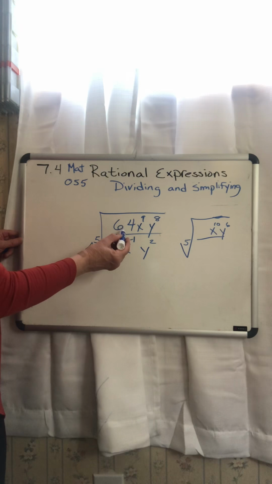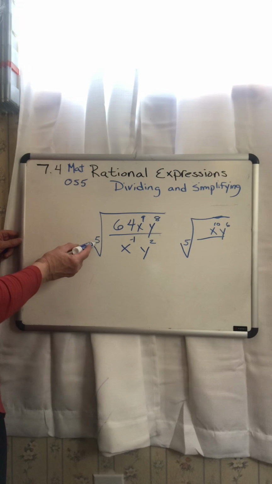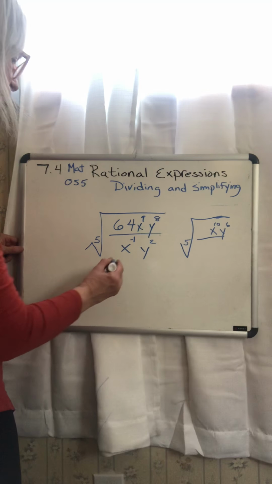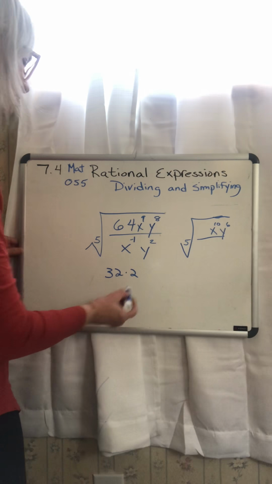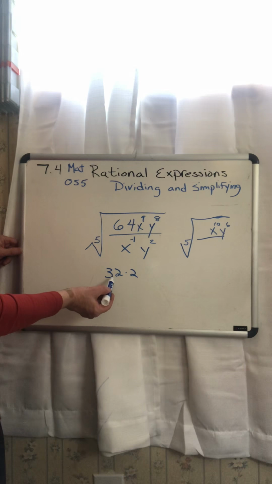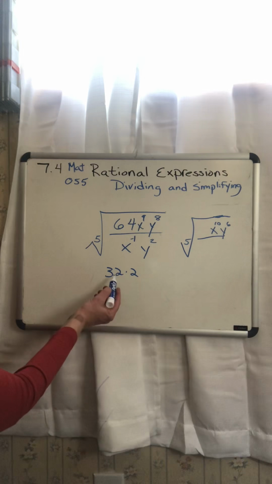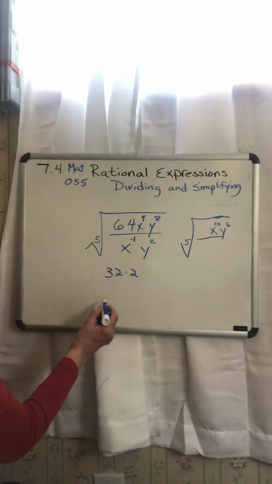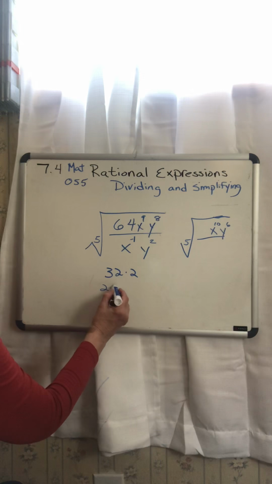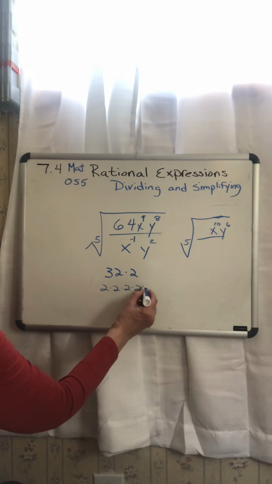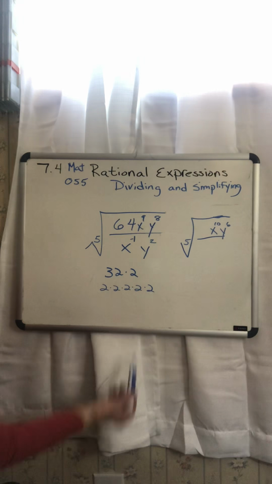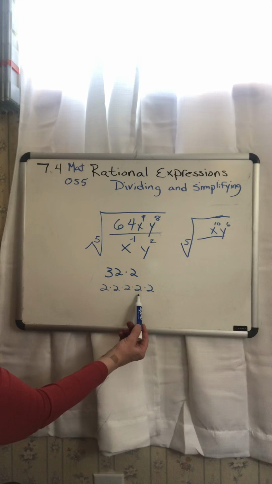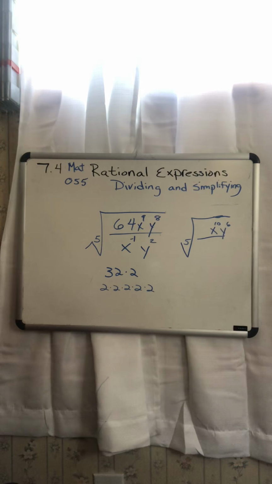Then the 64, if we were to break this up and factor it, we might be able to find a 5th root. So I am thinking that 32 times 2 gives me 64, and I'm pretty sure that 32 is a perfect 5th root, because 2 times 2 times 2 times 2 times 2 is 32. 2 times 2 is 4, times 2 is 8, times 2 is 16, and times 2 is 32.